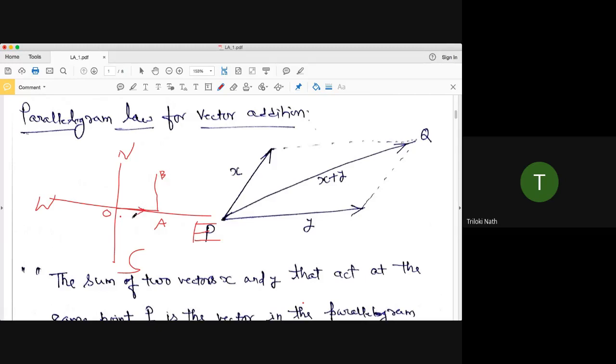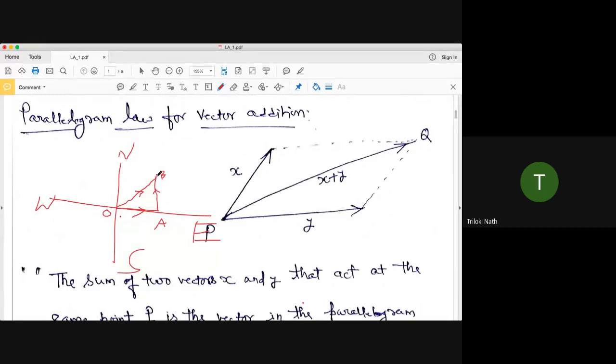When you run in this direction, your direction is clear and the magnitude is OA. Similarly, if you run in the north direction, again the direction is clear, you run from A to B. So what is the final position? You moved from O to B. If you take the directed line segment, you join O to B. So your final position is B, and adding vector OA plus vector AB gives you the vector OB.